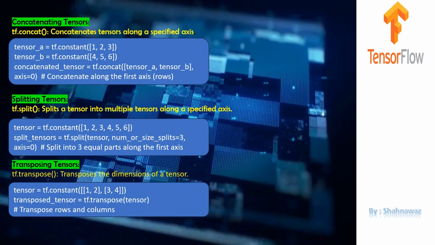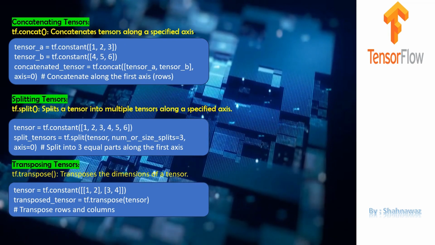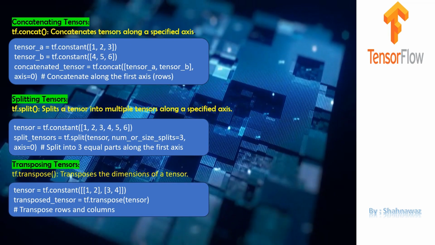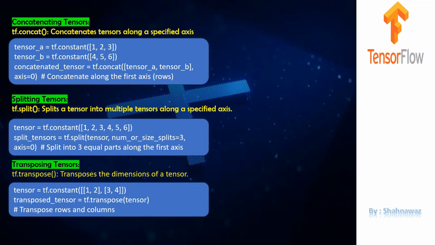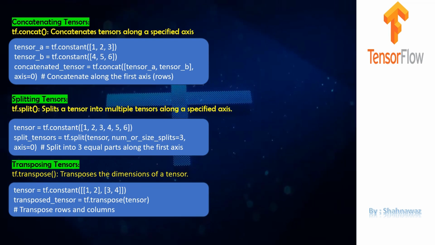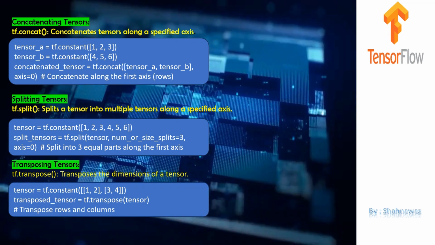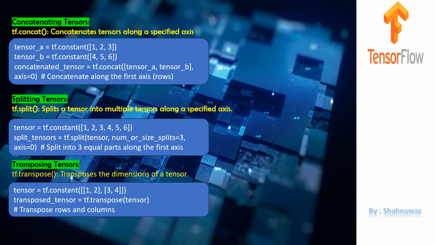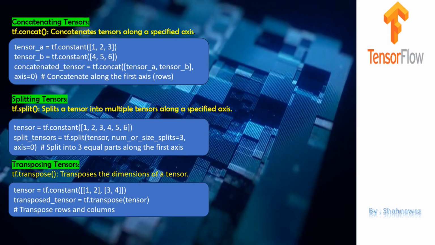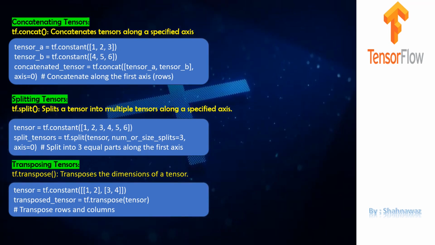Command is tf.concat, which concatenates tensors along a specified axis. tensor_a equals tf.constant, 1, 2, 3, tensor_b equals tf.constant, 4, 5, 6, concatenated_tensor equals tf.concat, tensor_a, tensor_b, axis equals 0, #concatenate along the first axis, rows.